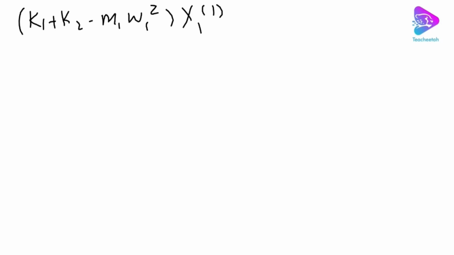If we do that, we can further simplify it for k1 plus k2, it's up to you. So basically what we have is k1 plus k2 minus m1 omega 1 squared, as I said, I'm going to use the first mode, times x11, right? And what we had before, the last is minus k2 x21 equal to 0.